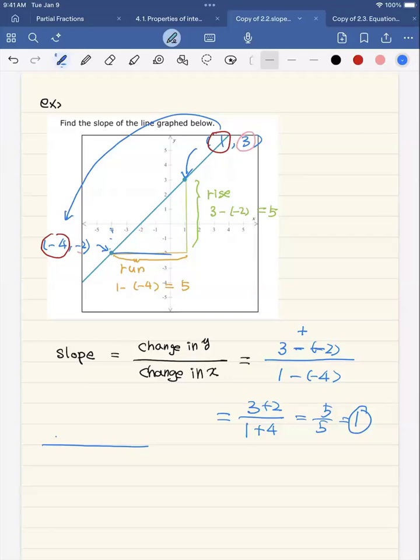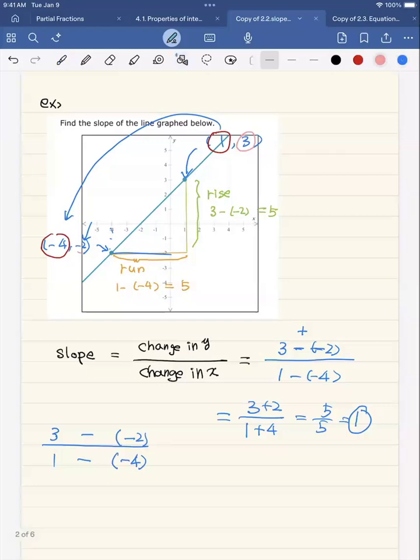So it's better to write 3 and then the corresponding x right below the y coordinate. Minus, do the same. And this is y value, so -3, and we write the corresponding x value, -4.